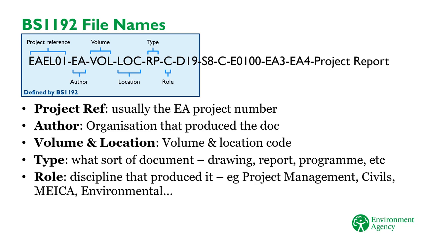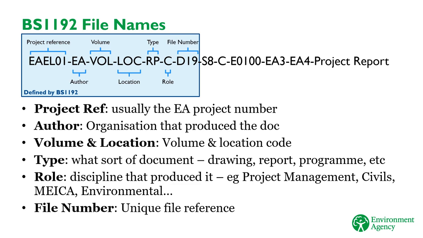This is how you find files relating to a certain department, for example, project management, civil engineering, environmental aspects, and so on. And the final part of the BS 1192 file name is the file number, which is a unique project file reference. If you use the IDP to name all your files, then the file number will be automatically generated for you.